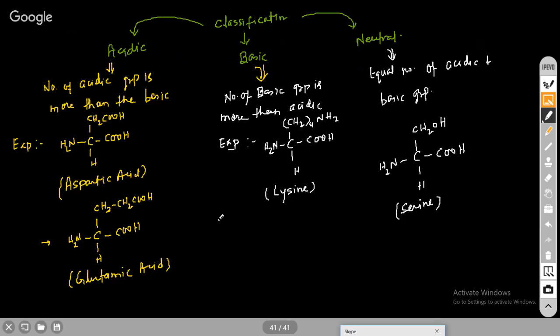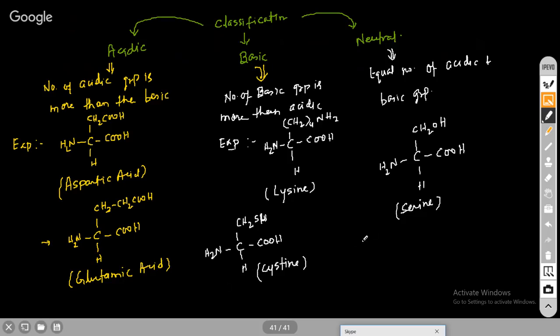When you write SH instead of this OH, that compound is cysteine. C, COOH, NH2, H, and here we have CH2SH. This is cysteine.